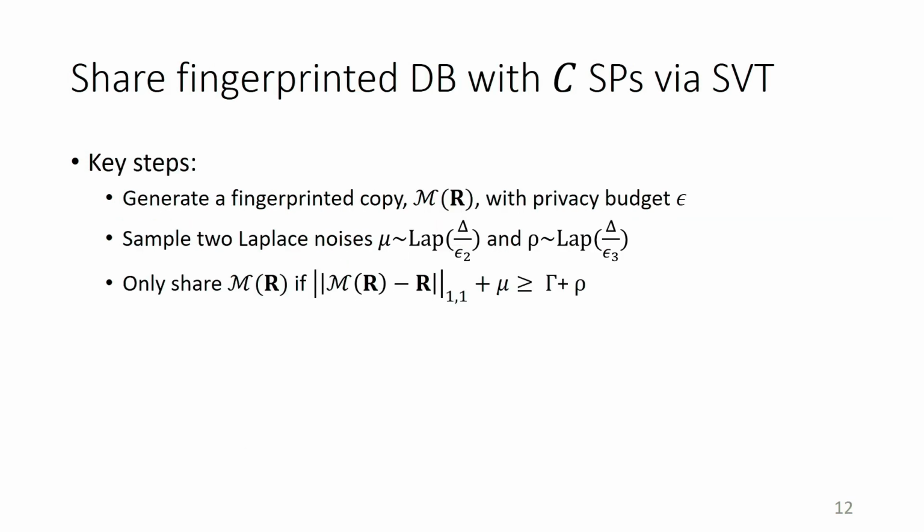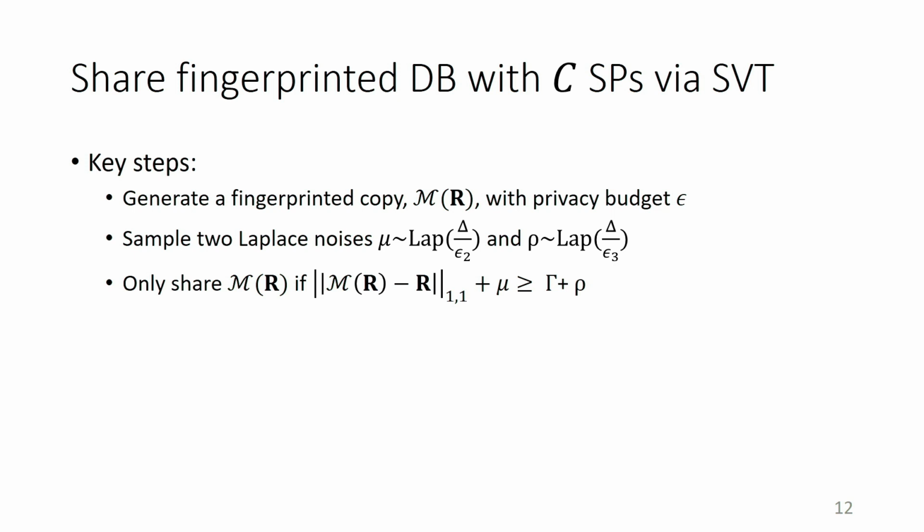Then this is the key step of using SVT to address the cumulative privacy loss. Still, we first generate a copy of the database, M_R, under some privacy budget, and then we generate two Laplace noises, one with privacy budget epsilon 2, one with privacy budget epsilon 3.